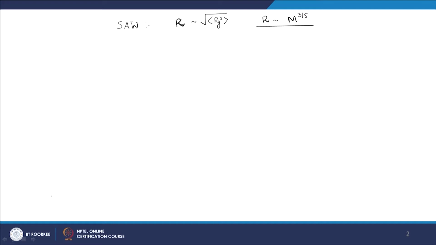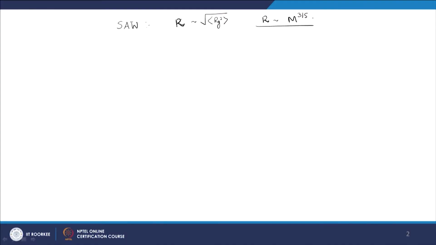and what we said was that if I now extend the idea to a bad solvent case, there is a problem. The problem is we also had a v to the power 1/5 there, and v can be negative in the bad solvent case. Actually, v is negative in the bad solvent case, and so we get an imaginary value of R, which is not possible.